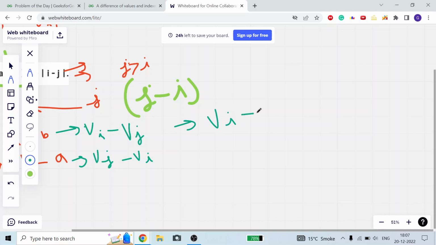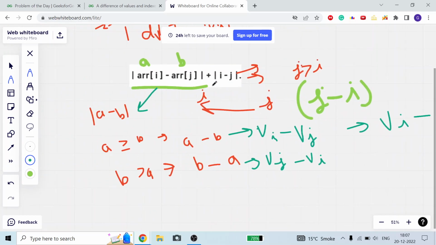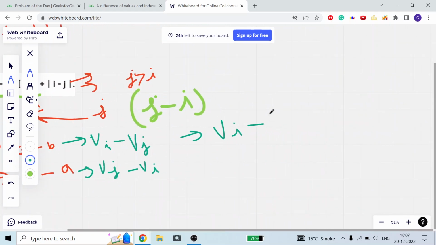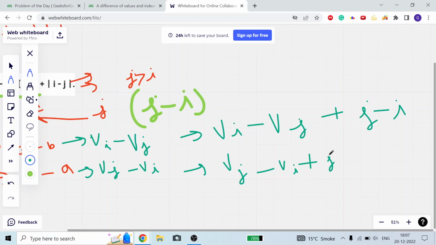Either my equation will be calculated for any i, j as vi minus vj plus j minus i, because j minus i is constant since I am running a backward loop, or it will be vj minus vi plus j minus i.